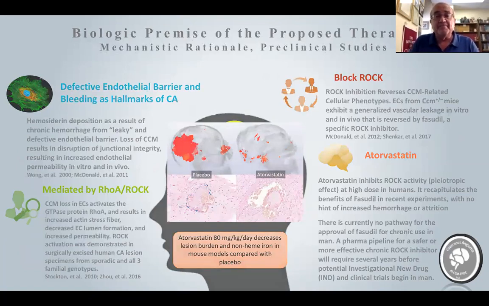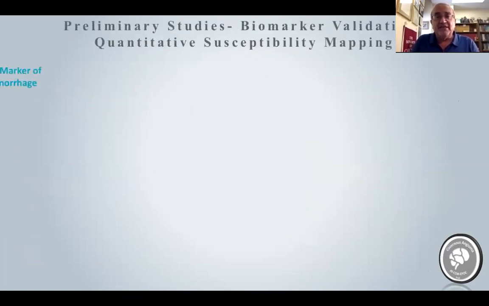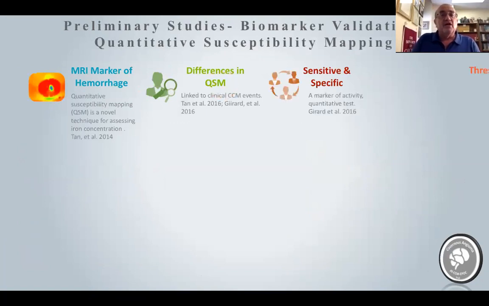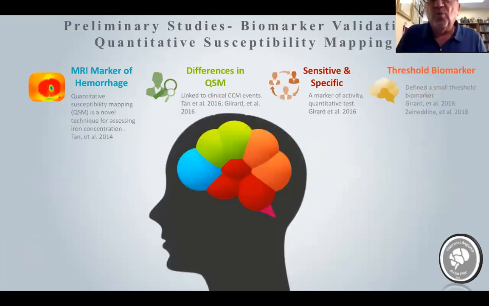Next slide. So the trial will test whether atorvastatin in the cavernous angioma lesion will change the iron content of the lesion, meaning if atorvastatin is helping humans like it's helping the mice, the lesion in the human will have less blood in it than the lesion in the patient receiving placebo.